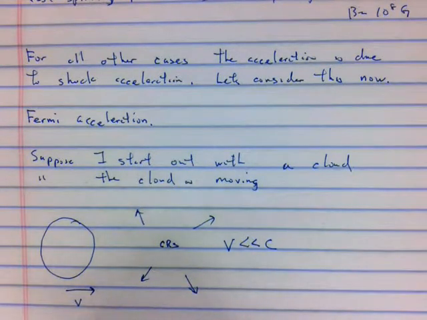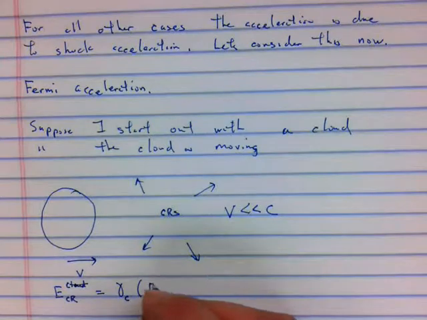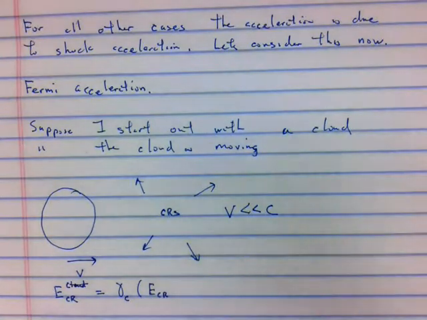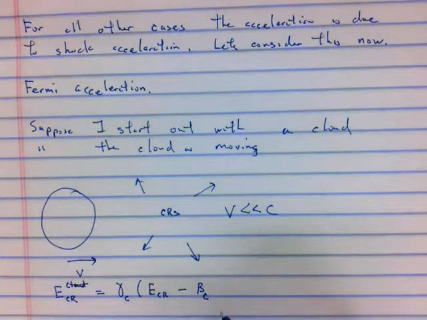The energy of the cosmic ray in the cloud frame is equal to gamma of the cloud, times the energy of the cosmic ray in the so-called lab frame, minus beta of the cloud. So the cloud is moving with some beta, this v over c.